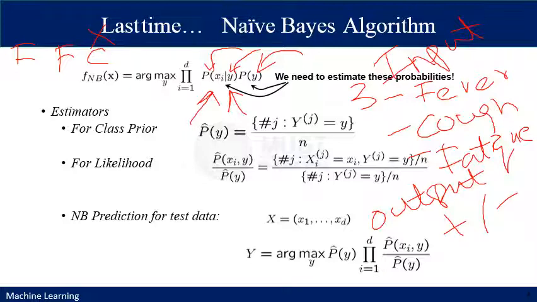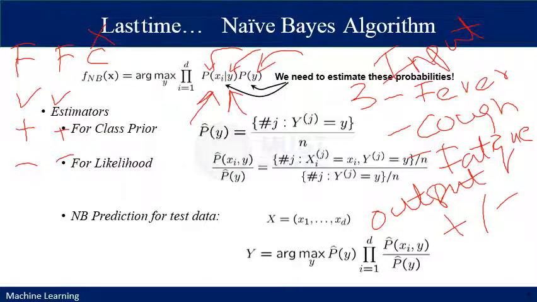Now calculate the probabilities when your test data has fever equal to true and the class is positive, and then for the second time when the class is negative. Secondly, calculate the probabilities when fatigue is true in your dataset for the positive and negative class.